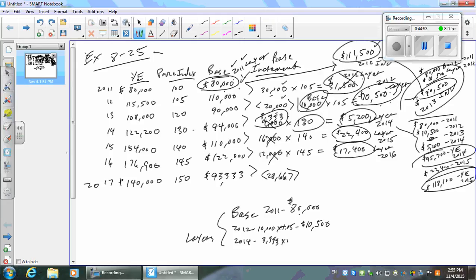You guys with me? This index of 105 is from year 12. We have nothing from year 13. We have the base year that's 100, and then we have some from 130, right? So 1.3 times 3,333 is what? Rounded to 4,333.